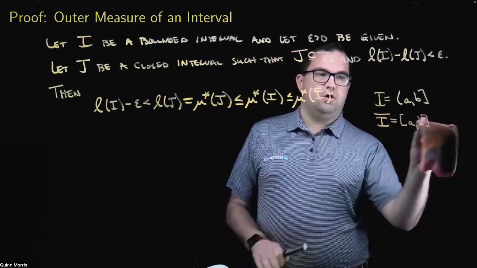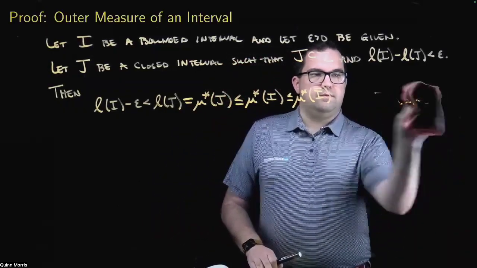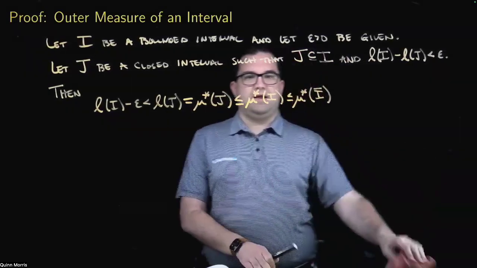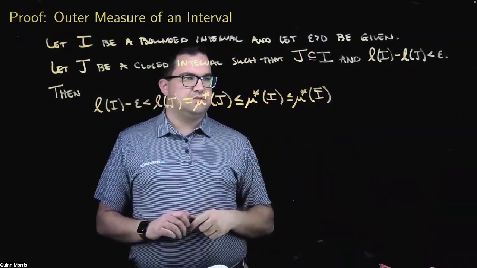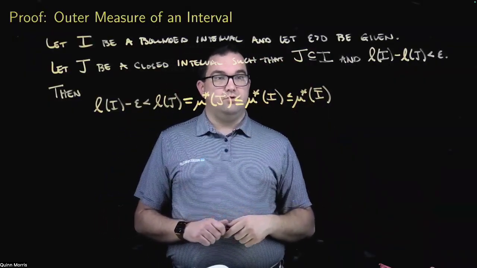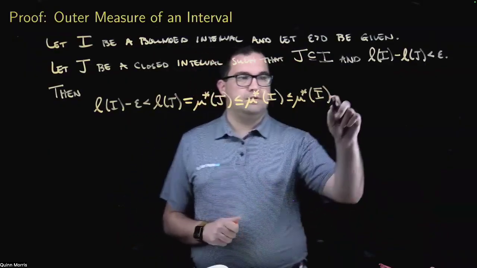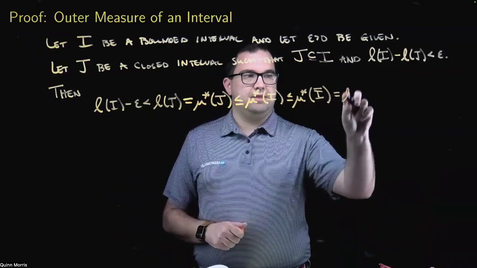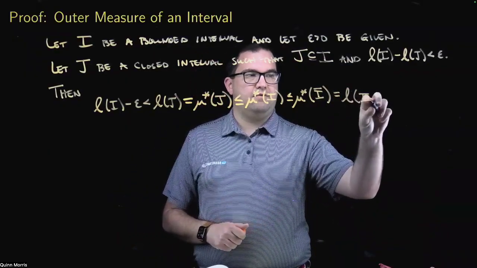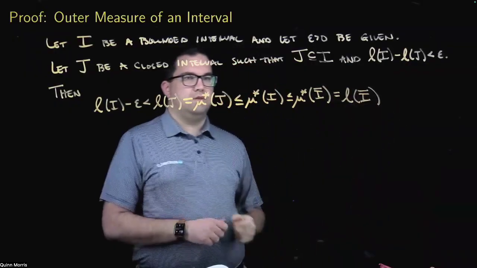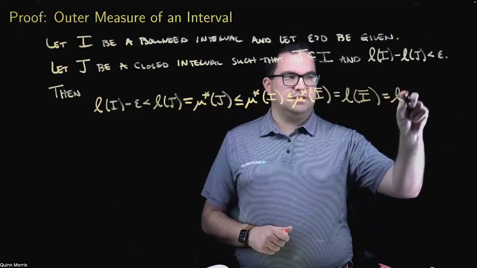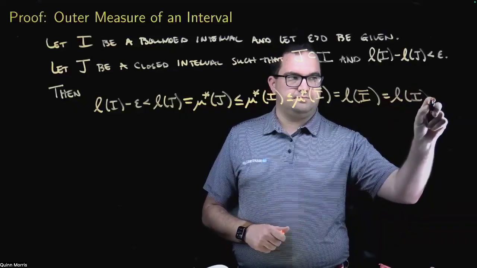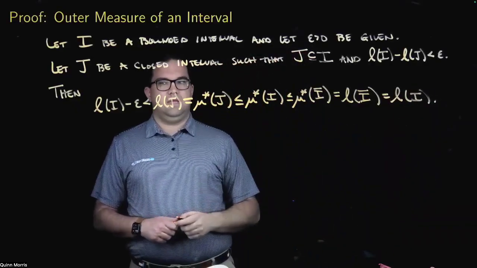So I is a subset of I closure. So again, using the monotonicity, I get this. But I closure is a closed and bounded interval, so this is simply equal to the length of I closure. But the length of I closure is B minus A, just as the length of I is. And so we get this.